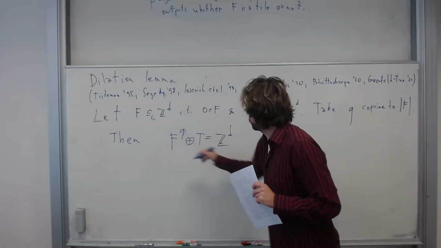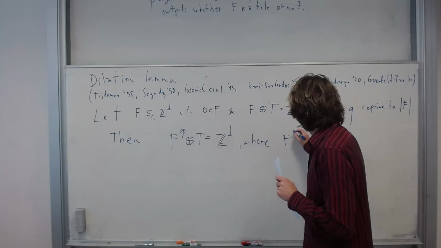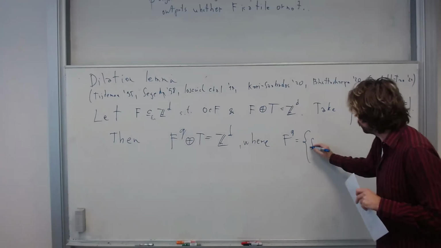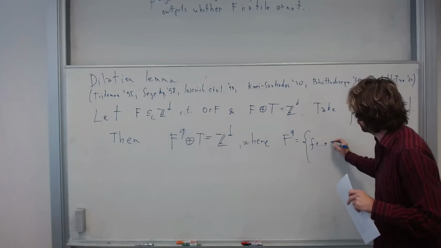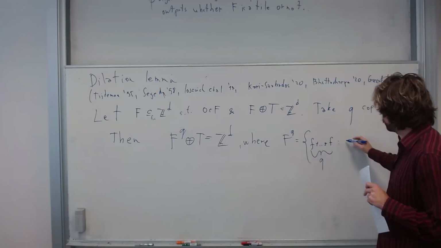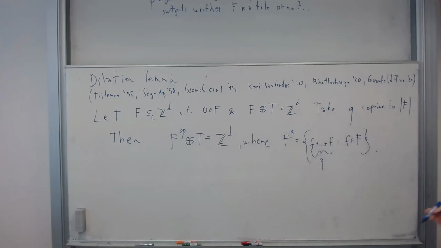So what is this? So q·F is just, for every f in F, you just multiply it by q. It's more like multiplication by q.